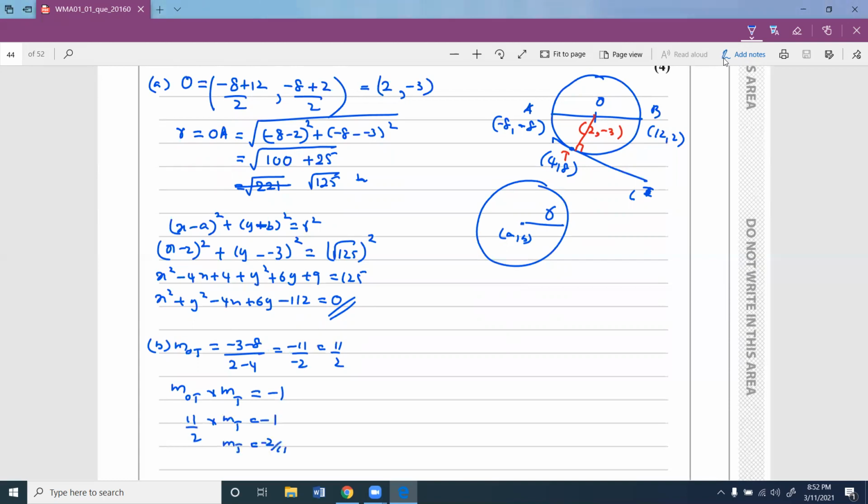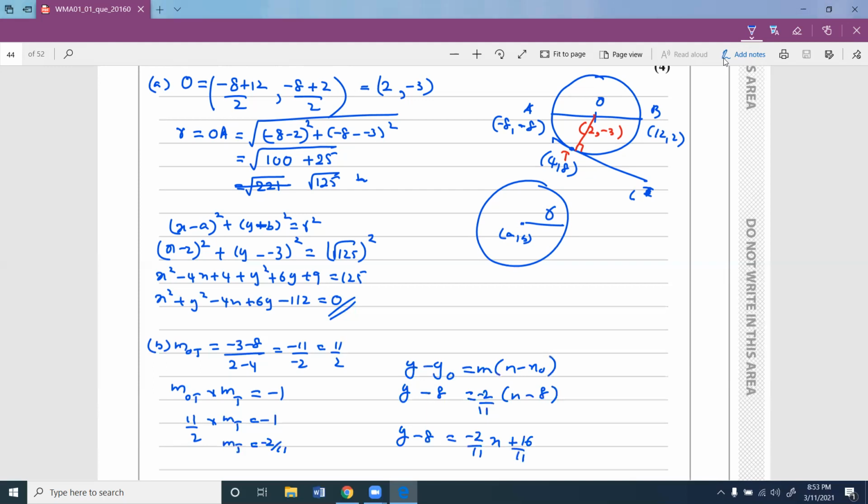Then we can put it into the formula y minus y naught equals gradient times x minus x naught. y naught is 8, the gradient is minus 2 over 11, x naught is 4. So you can write y minus 8 equals minus 2 over 11 x plus 8 over 11.